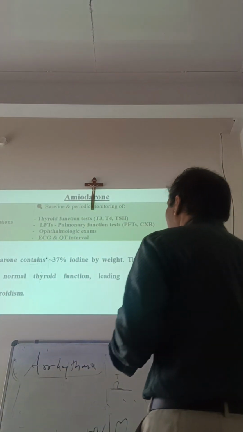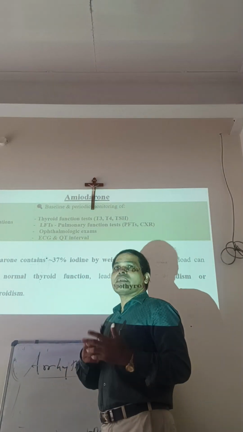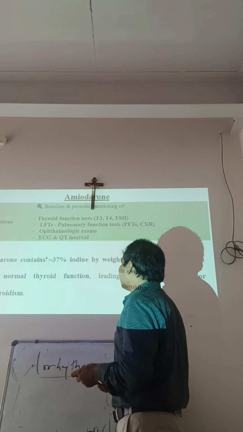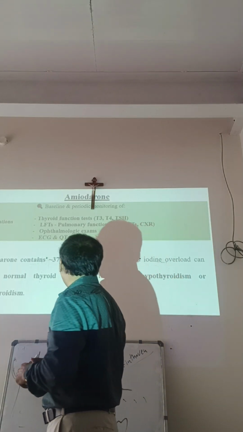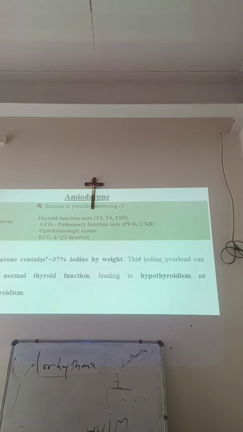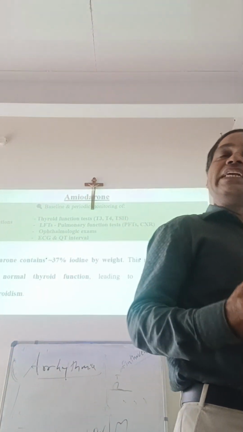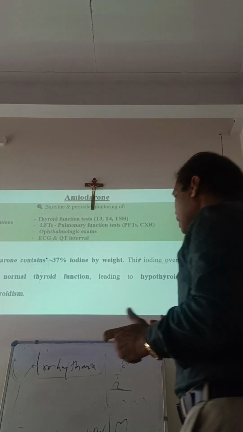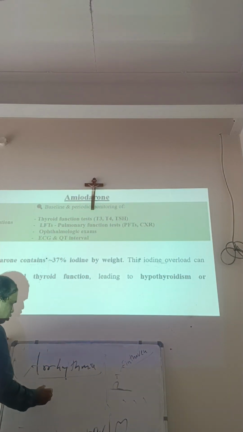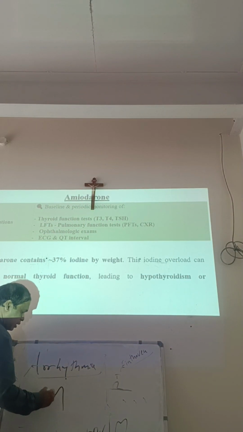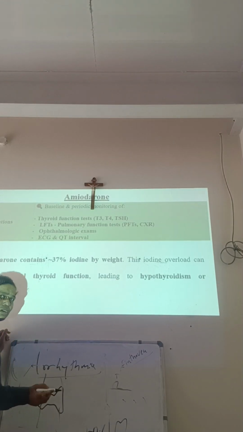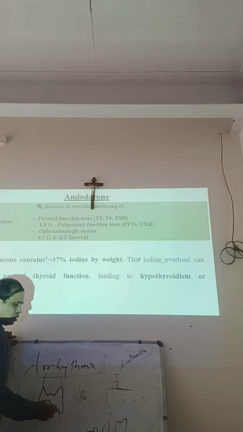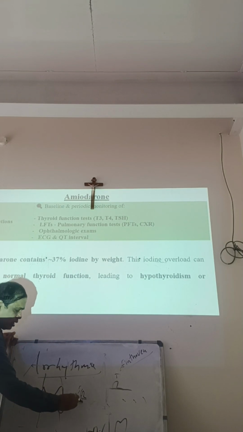Now, why should you be very careful in a patient who has some thyroid function disorder? Amiodarone contains 37% iodine by weight. This iodine overload can disrupt normal thyroid function, leading to hypo or hyperthyroidism. Your thyroid gland has some limit to take up iodine. Your thyroid gland, in the neck region, will take iodine only if it wants to synthesize the hormone. If the hormone is deficient, then only iodine will be taken up.